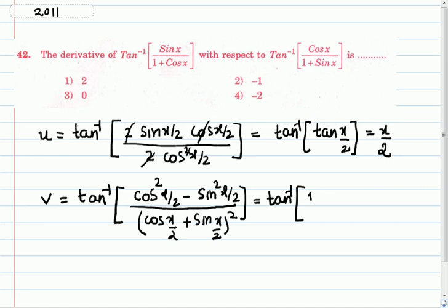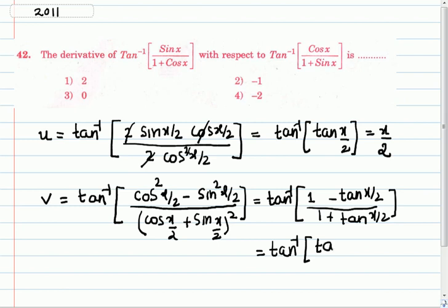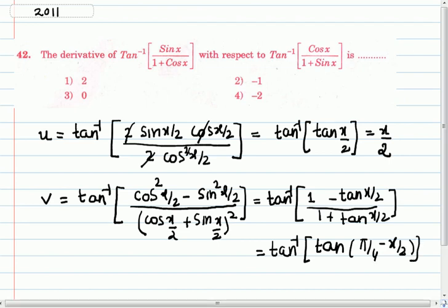So we will be getting tan inverse of 1 minus tan x by 2 divided by 1 plus tan x by 2, which is nothing but tan inverse of tan of pi by 4 minus x by 2, which is nothing but pi by 4 minus x by 2.